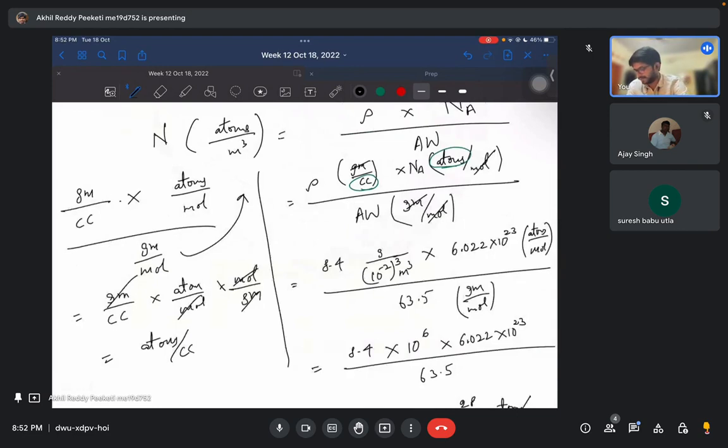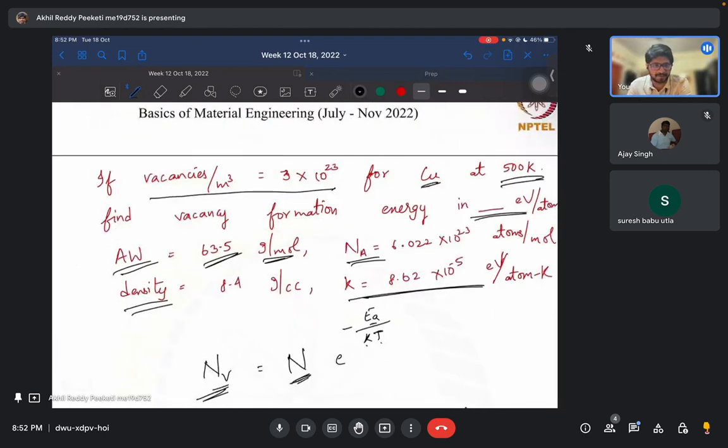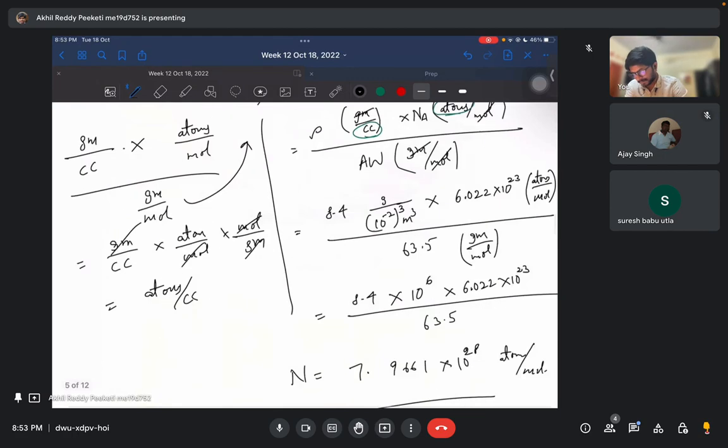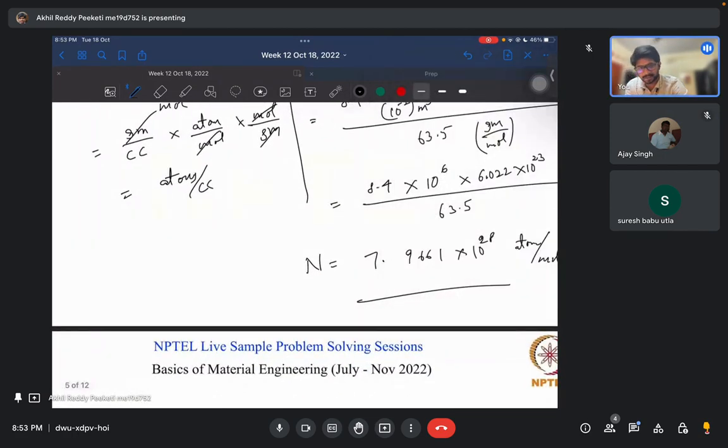So if, let's say, 63.5 grams per mole, it means 1 mole of that copper would weigh 63.5 grams. So now we know the N, the total number of atoms in 1 meter cube.